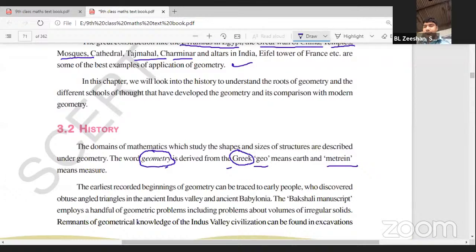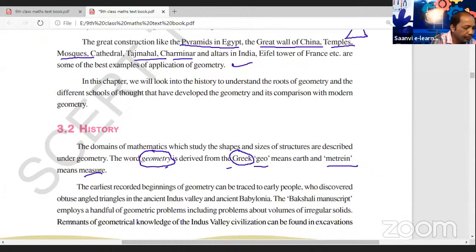Geo means earth and metron means measurements. So this is the brief introduction about geometry.